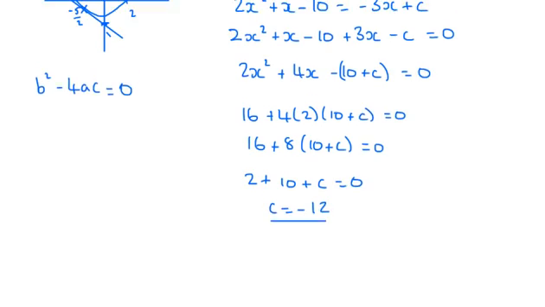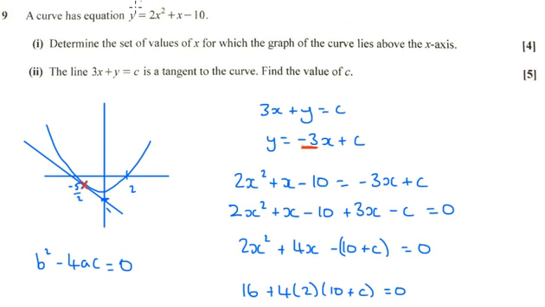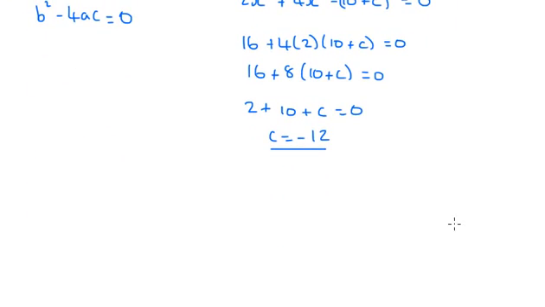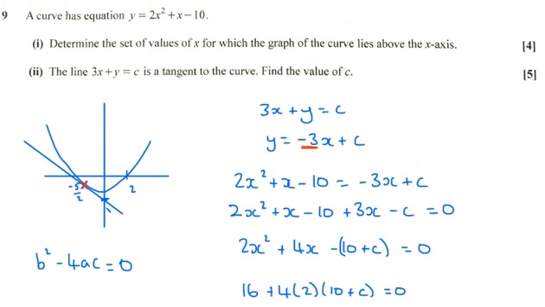The alternative method, if we go back to the diagram, is to say, well, I know at this point here, the gradient of the line needs to be equal to -3, because that's the value of the tangent gradient. So if we differentiate the function and make the gradient equal to -3, then we should be able to find c that way, because they will share a y coordinate.